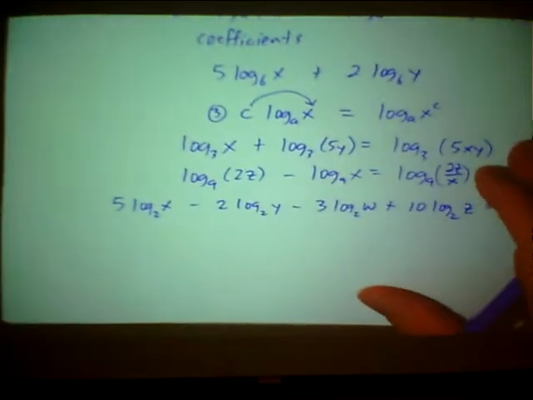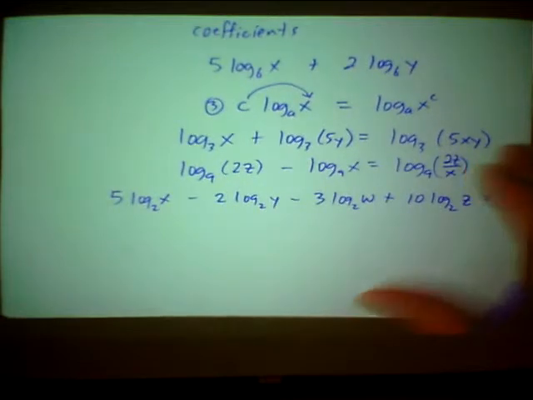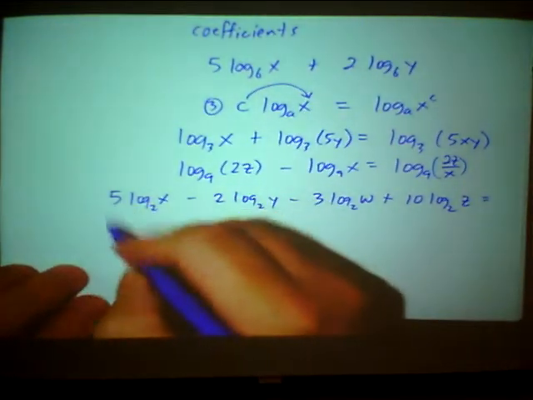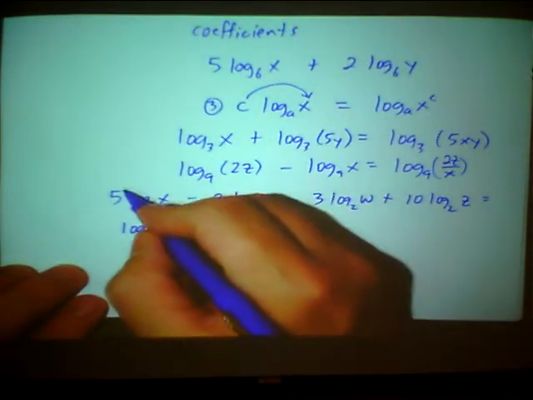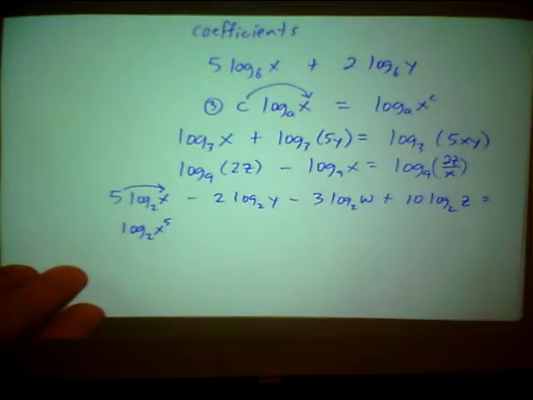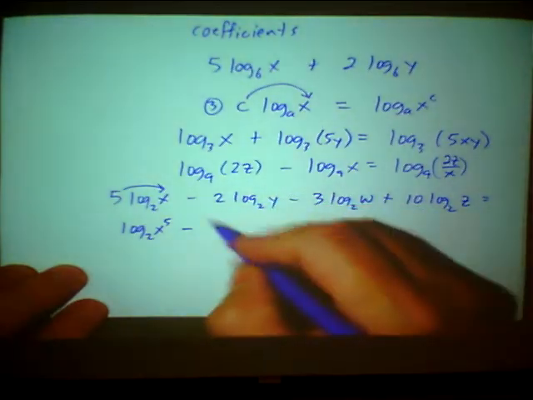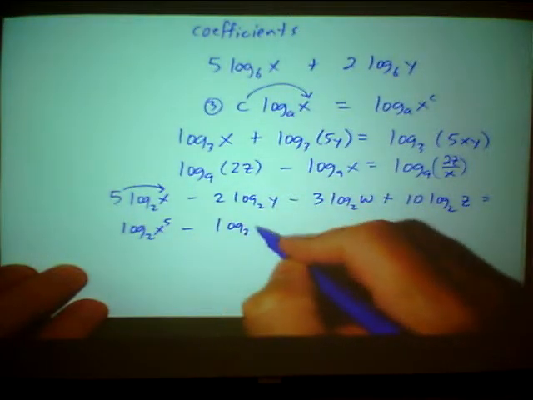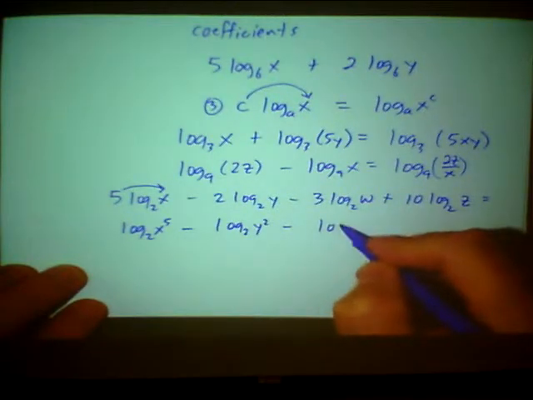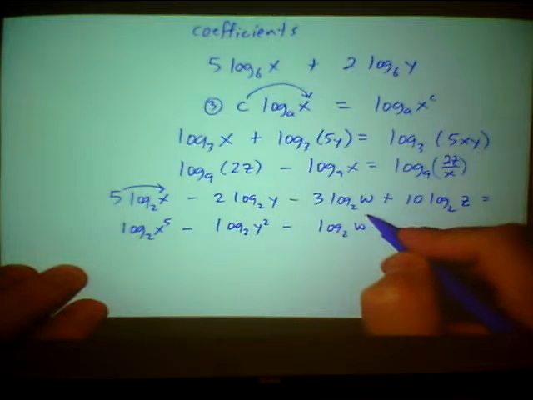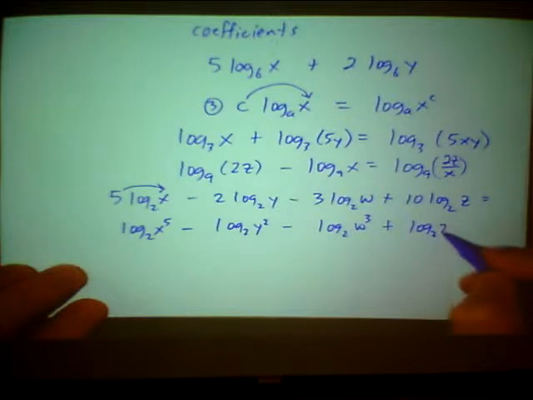So let's go ahead and do that. For each of these terms, I'm going to move the coefficient and make it an exponent inside the log. So this first one would be log base 2 of x to the 5th. So I move the coefficient up into the exponent. For the second one, the 2 is going to get moved, minus log base 2 of y squared, minus log base 2 of w cubed, plus log base 2 of z to the 10th.